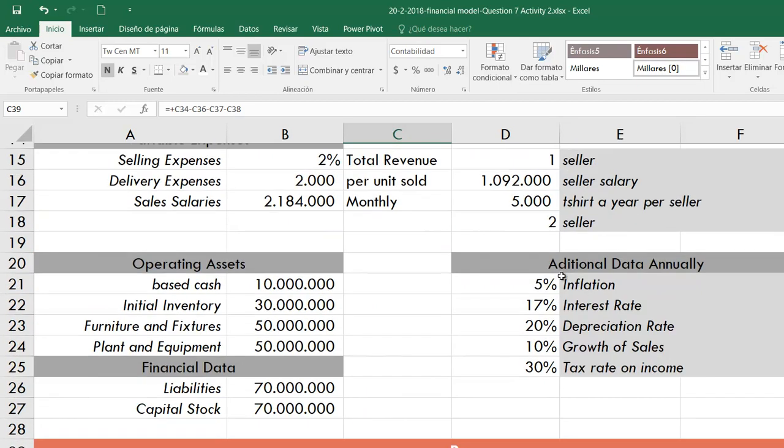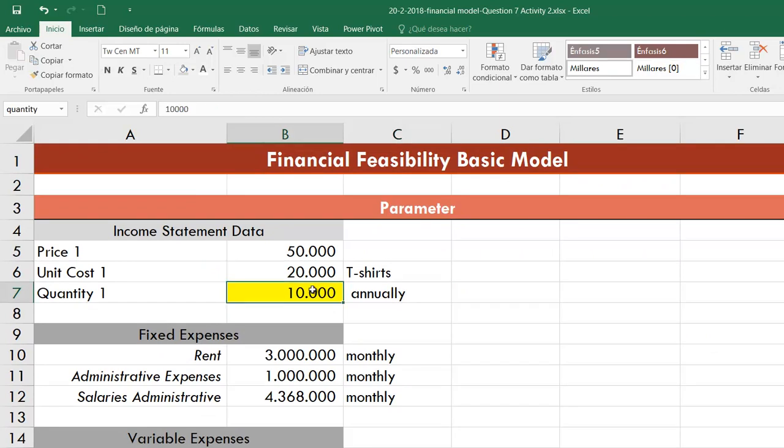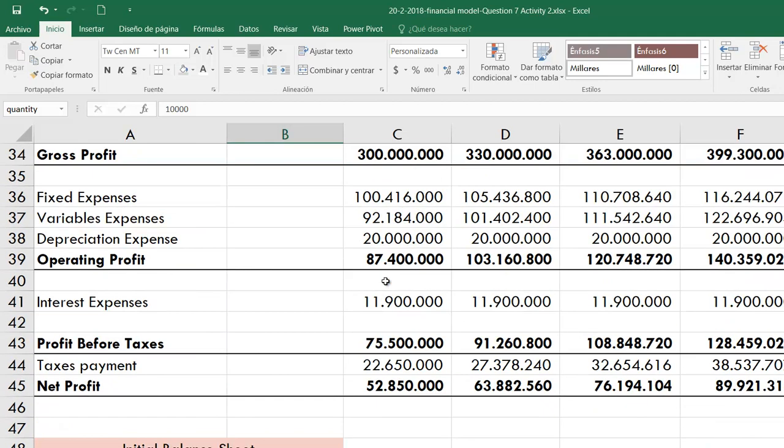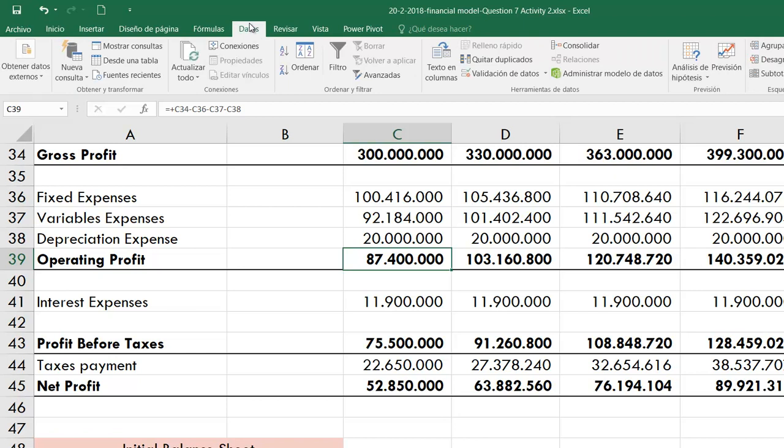In order to do that, we could try to lower the quantity until we get the result, but that would be maybe too difficult and take a long time, so we might want to use an Excel tool. So we stay here on the cell C39, which is the first year operating profit, and then we go into the menu, Data, then What-If Analysis, and then Goal Seek.